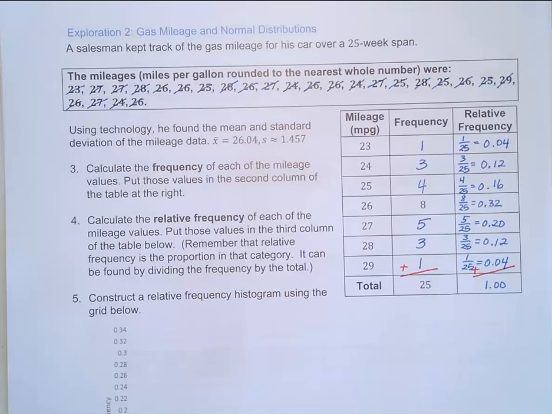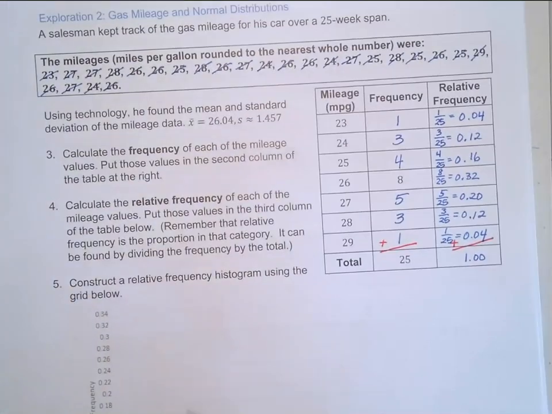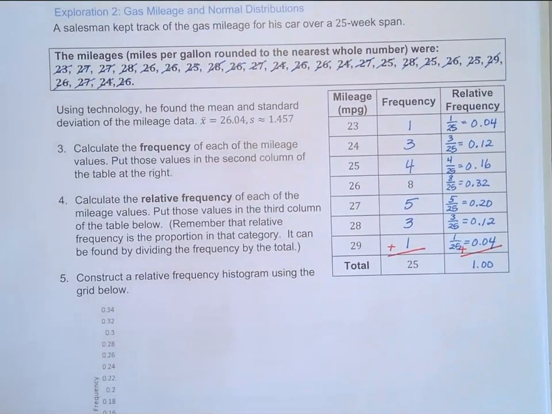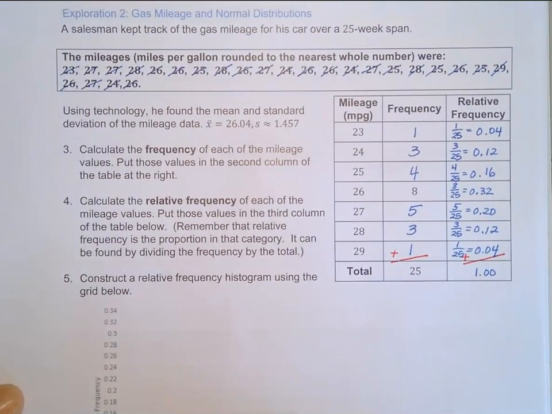Okay, and then it says construct a relative frequency histogram using the grid below. So relative frequency, right? So we're going to see those percents listed over here. And so we can do that. So here's 23. I'm just going to draw a tick mark kind of halfway between the numbers to guide me.